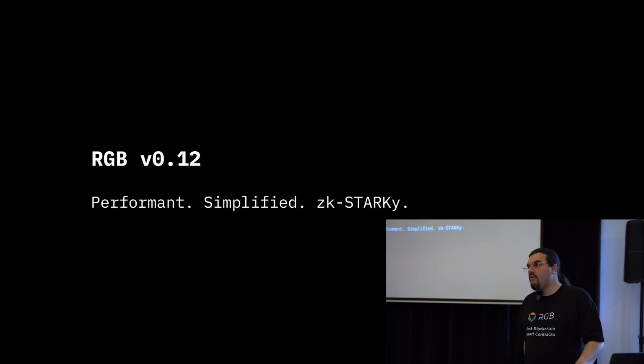So what we are going live with is RGB codename version 0.12. It's the 12th iteration through all these 6 years of development.